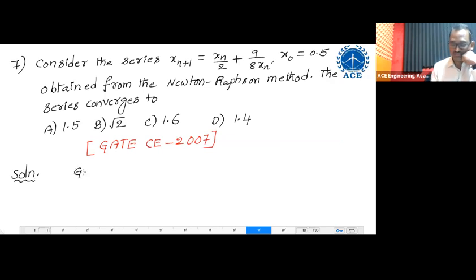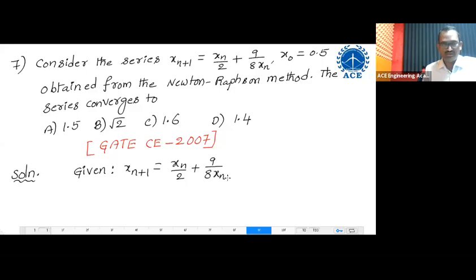First of all, what is given? xn plus 1 is equal to xn by 2 plus 9 by 8xn. 1 by 2 is the common factor from the right side.